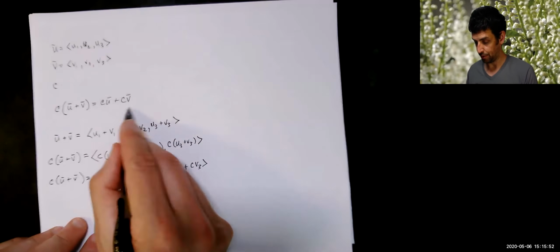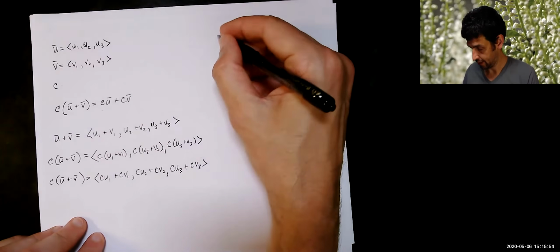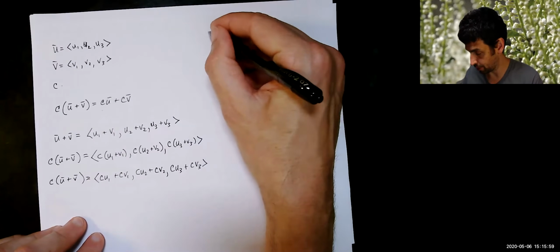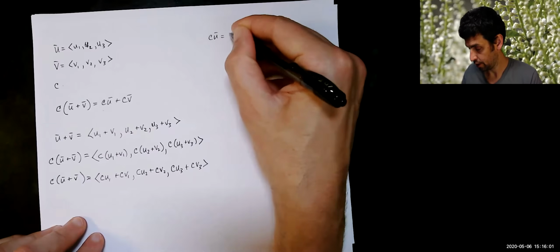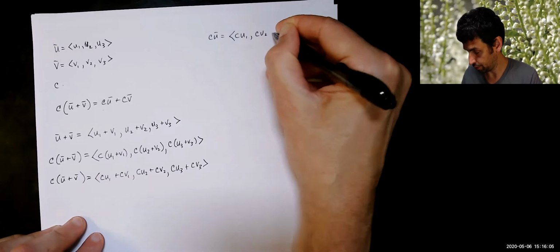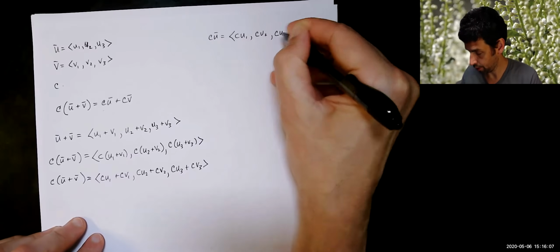Now, let's compute this side. I'll just compute CU and CV separately. CU is just equal to CU1, CU2, CU3.